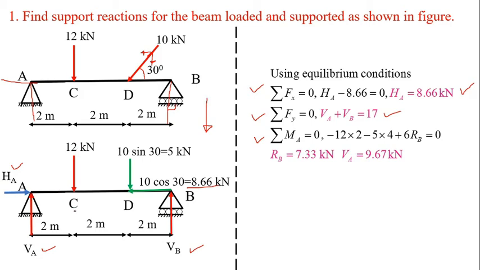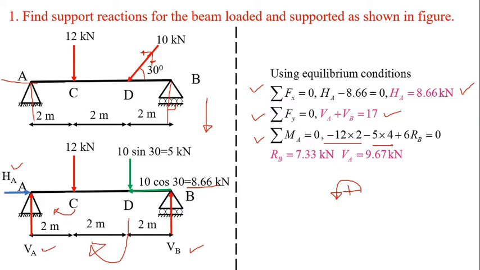Moment of this force about point A: 12 into 2, this is in the clockwise direction, so minus 12 into 2, minus sign because our sign convention for moment is anti-clockwise moment positive. Moment of the 5 kilonewton force about A: minus 5 into 4, again clockwise.